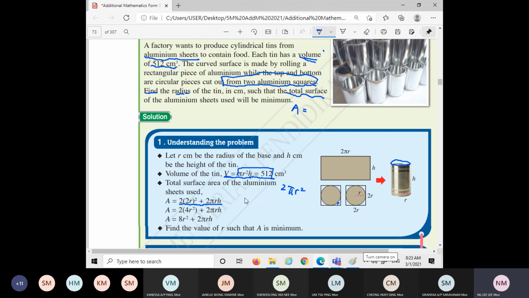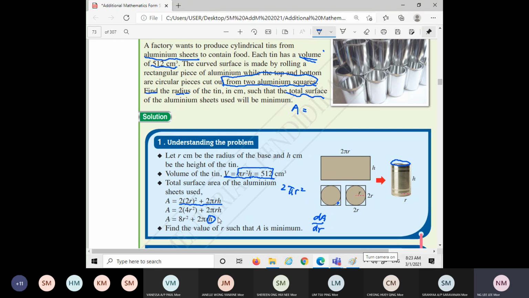So I'm going to do dA/dR. But the problem is, here I have R, here I have R. Don't care about the pi. Pi is not a variable. Pi is just a fixed number. But here, H is a variable.